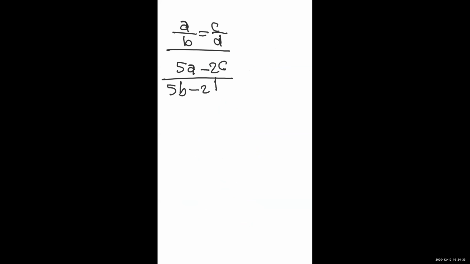Then the next example: if A and B and C and D are proportional quantities, or if A over B equals C over D, then prove that 5A minus 2C over 5B minus 2D equals 4A plus 3C over 4B plus 3D.